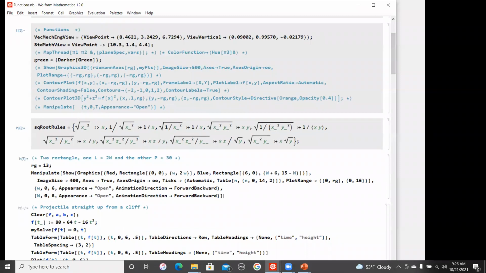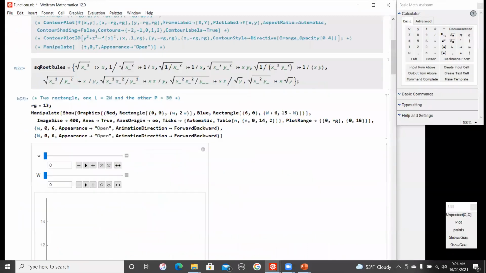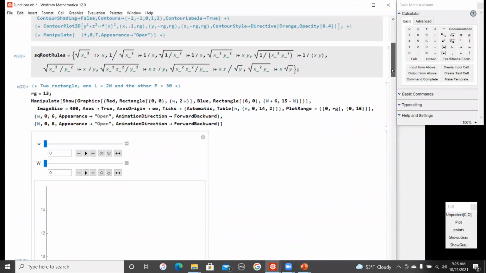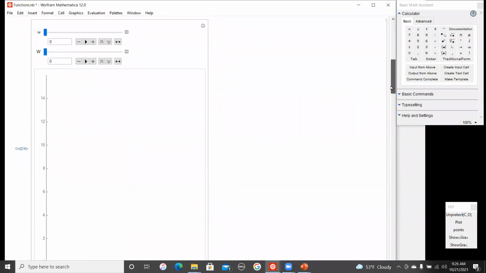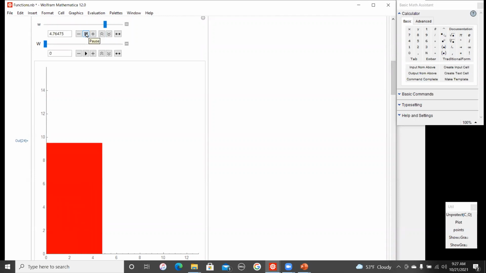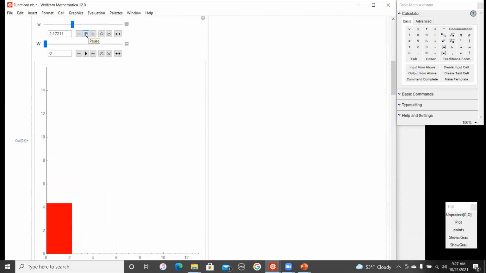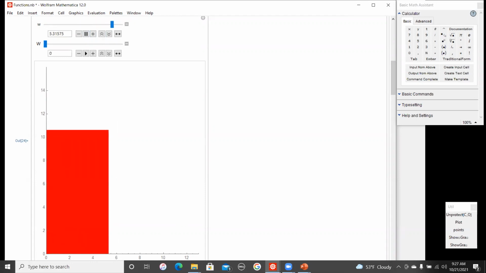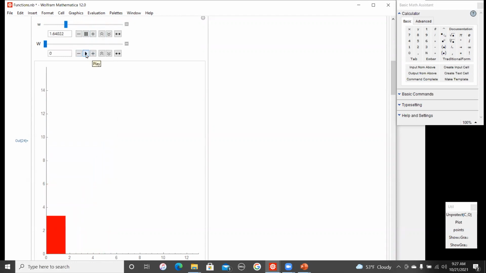In terms of these tables of values, here are all of the rectangles in which the length is twice the width. There are an infinite number of them. Here I'm going up to a width of 6, if you can see the 6 down here. There are lots and lots of rectangles, and any one of these pairs could be in our table of values.